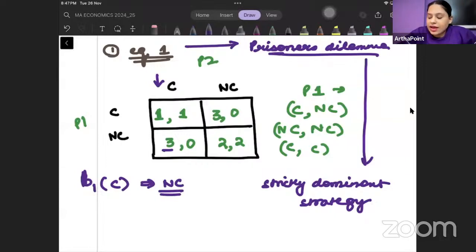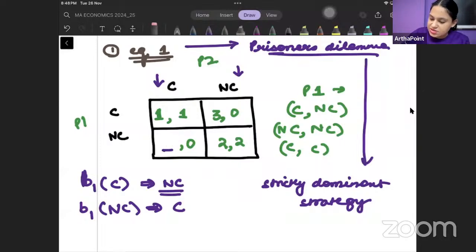Right? And when player 2 is not committing to crime, what is the best response of player 1? To commit to crime. Right? I think I have written the payoffs. This was the last one, I think. This will be 0,3, sorry. So this will be to commit to crime, and here also it will be to commit to crime.